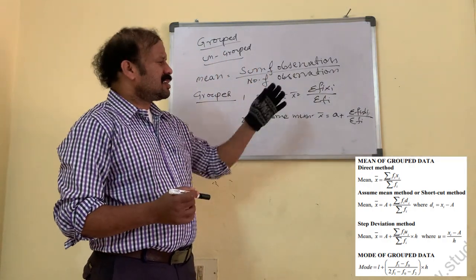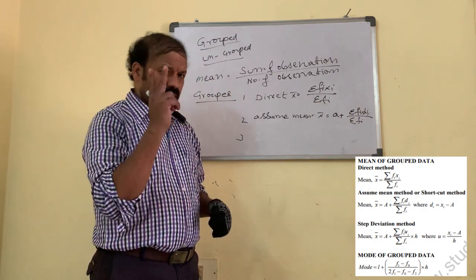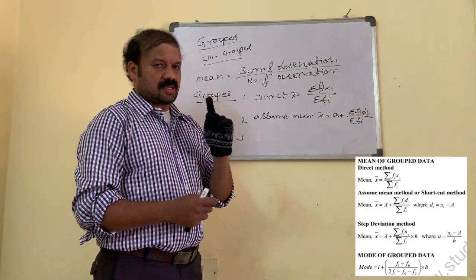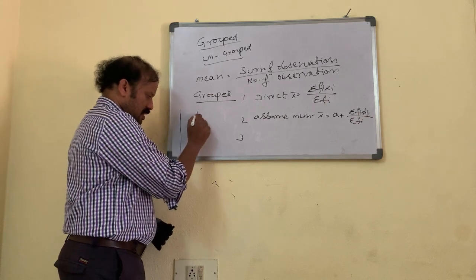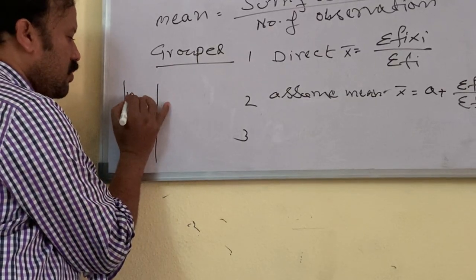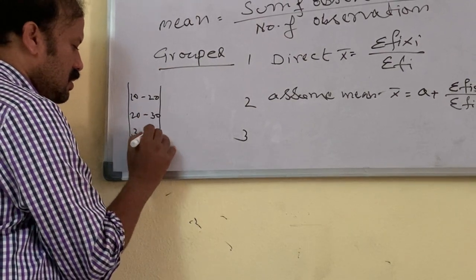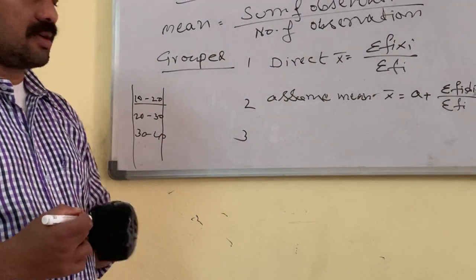What is this sigma fi? They will give two columns, class interval and frequency. For example, class intervals 10 to 20, 20 to 30, 30 to 40. The difference is 10.